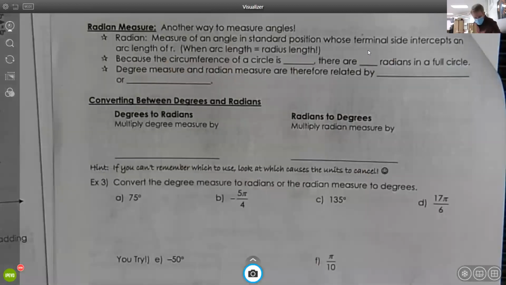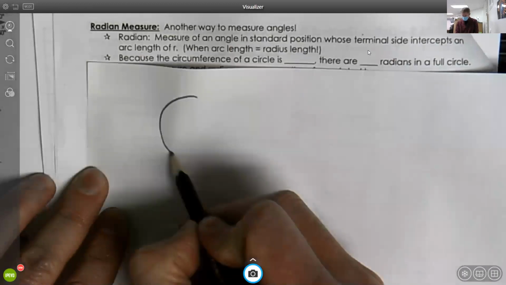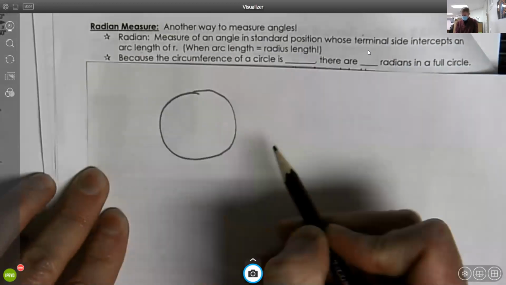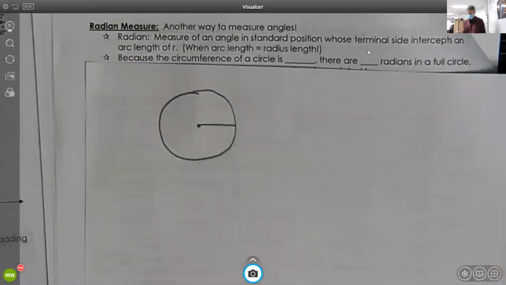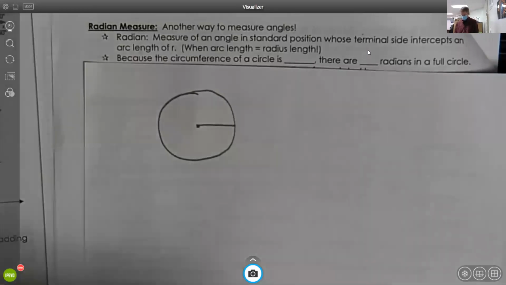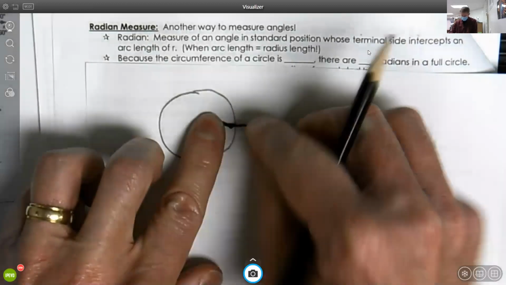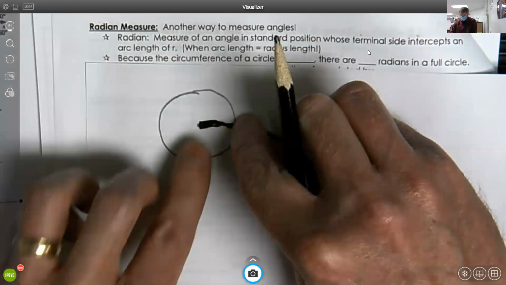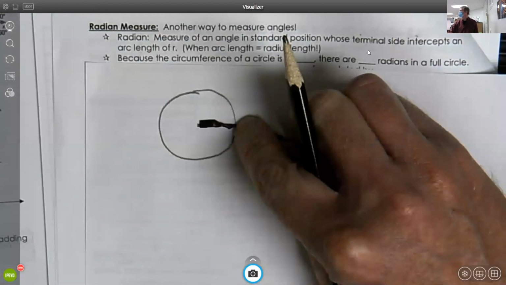So if we take a circle and we have our radius on there, and then this isn't perfect, but it can work. If we measure what that radius is, okay, so that's approximately the radius.